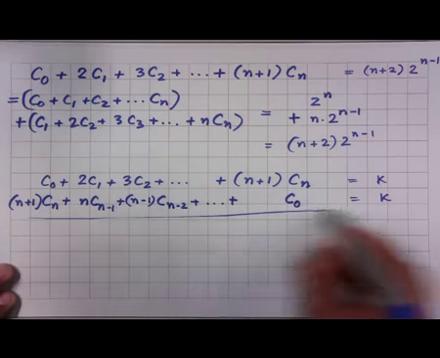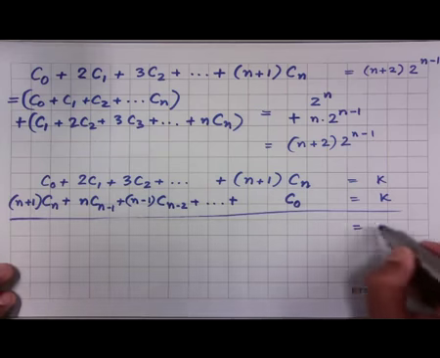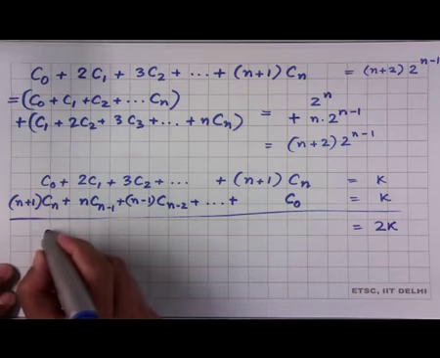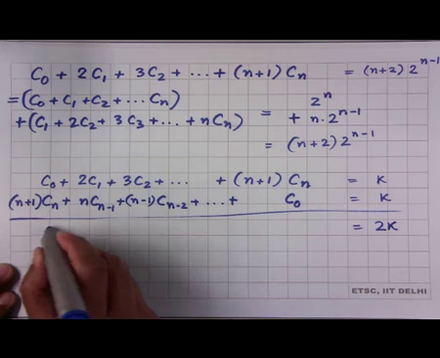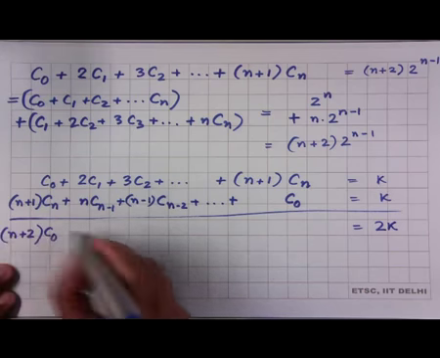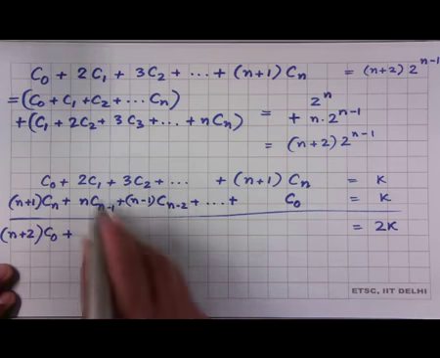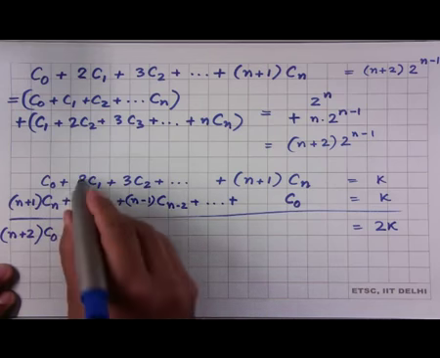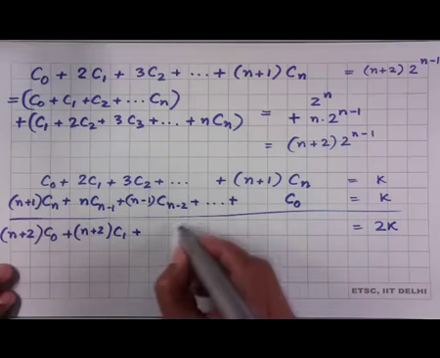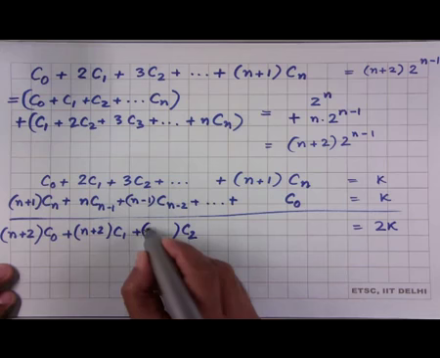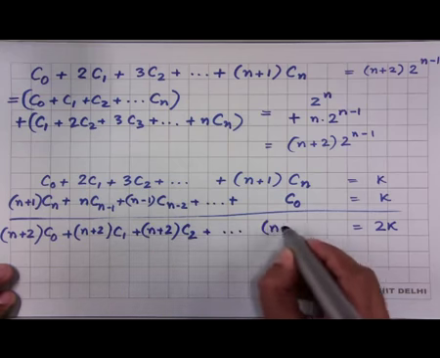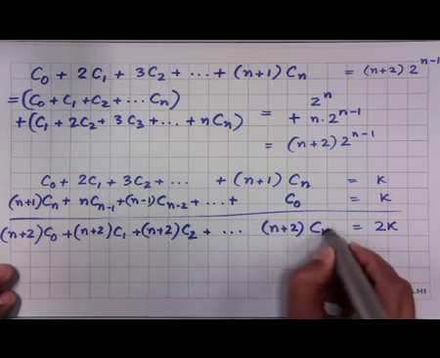So, when you add these two, you get 2k on the right hand side, and on the left hand side you get C0 times (n plus 2) plus C1 times (n plus 2) plus C2 times (n plus 2) and so on, all the way till (n plus 2) times Cn.